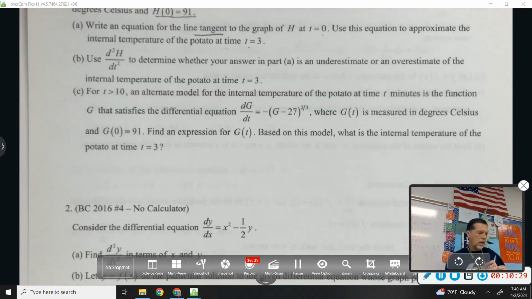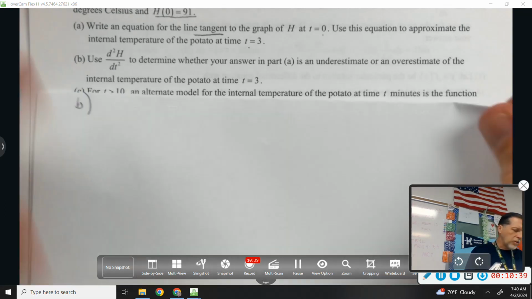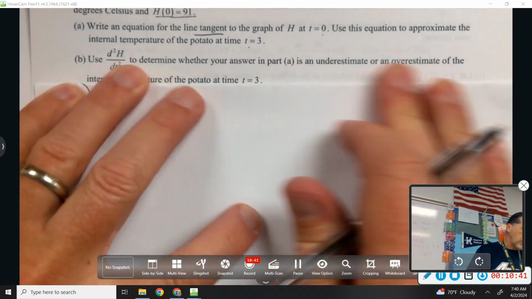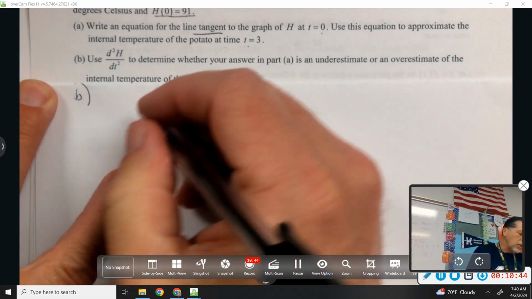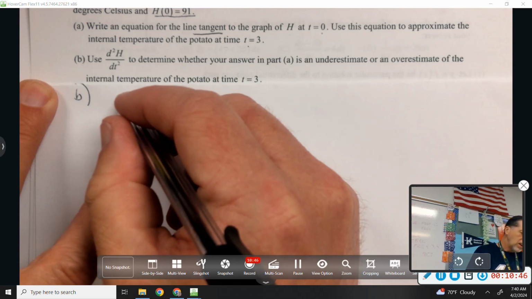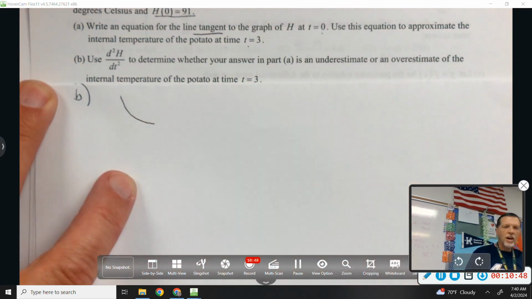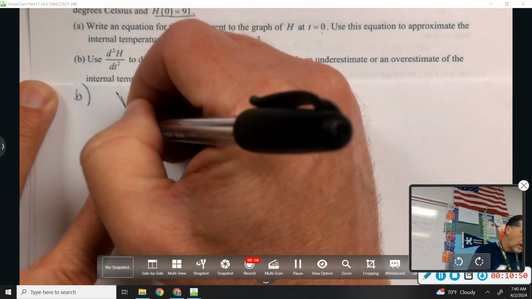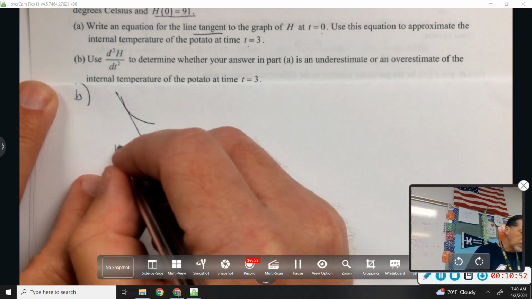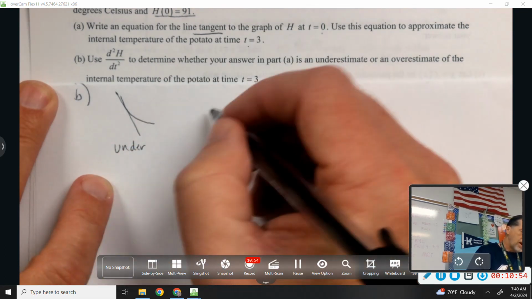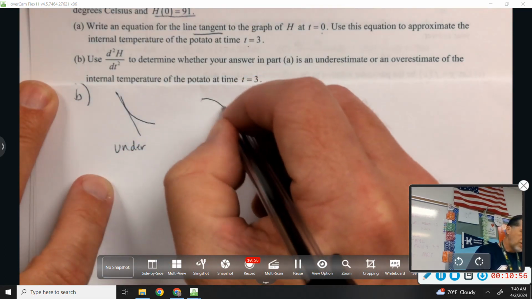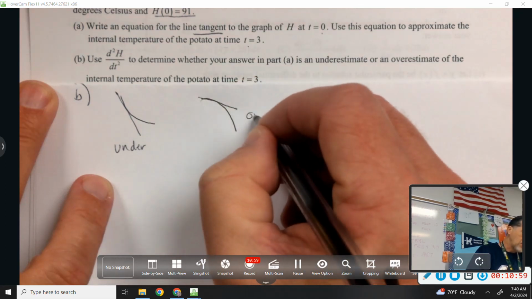Part B. Use the second derivative, which I guess means we'll probably need to find the second derivative, to determine whether your answer in part A is an underestimate or an overestimate of the internal temperature. Okay, so I know my temperature is decreasing, so if it's concave up, then my estimate is an underestimate, and if I'm concave down, then my estimate is an overestimate.